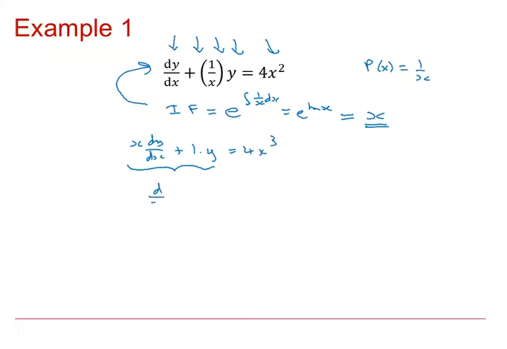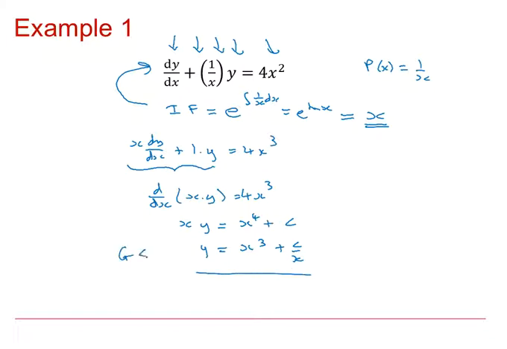Indeed, it is the derivative with respect to x of the product xy, equals 4x³. Integrating both sides with respect to x, the left hand side becomes xy. Integrating 4x³ with respect to x becomes x⁴. Don't forget the + c, the constant of integration, and therefore y = x³ + c/x is our general solution, as we saw previously.